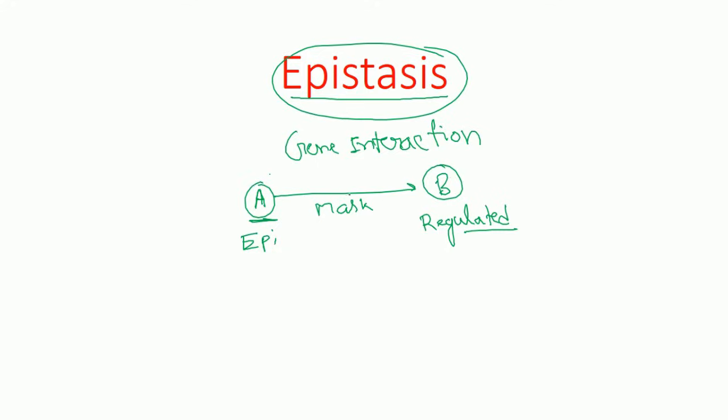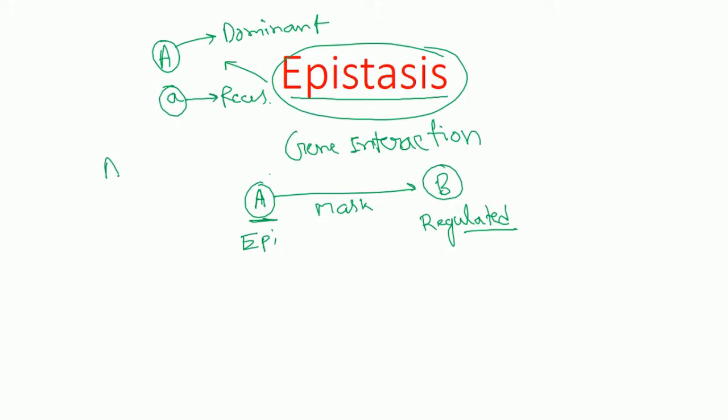There are different types of epistasis possible, based on the type of gene involved. For example, if the epistatic gene shows its effect only in the dominant form, it will be known as dominant epistasis. If the epistatic gene acts in the recessive form, it will be called recessive epistasis.